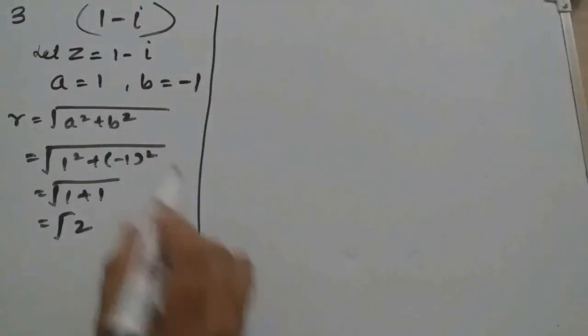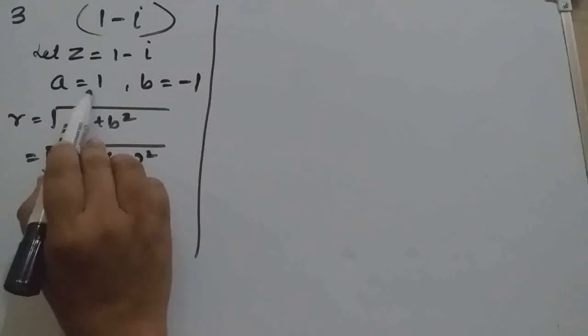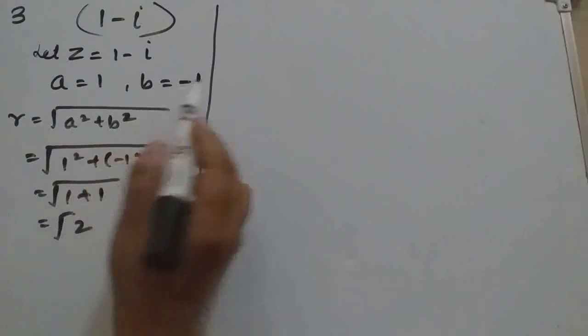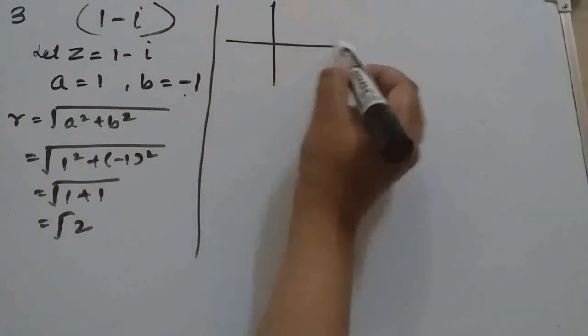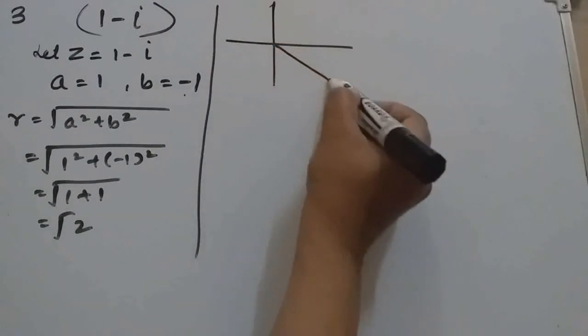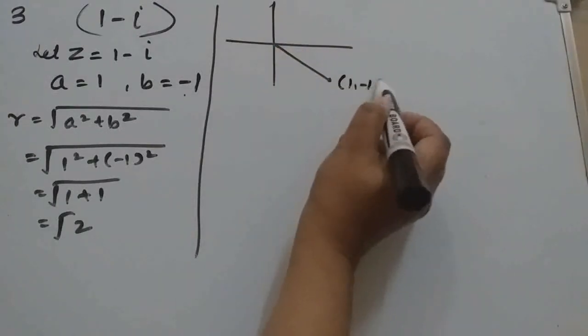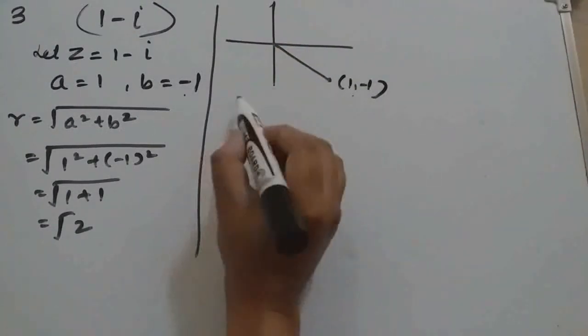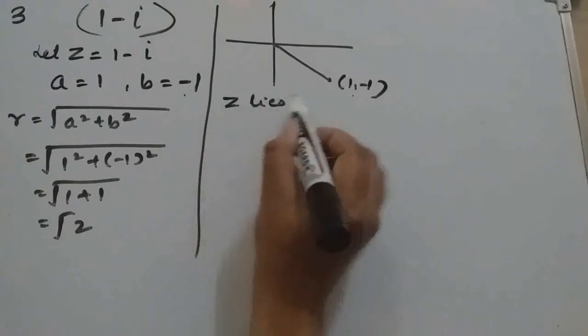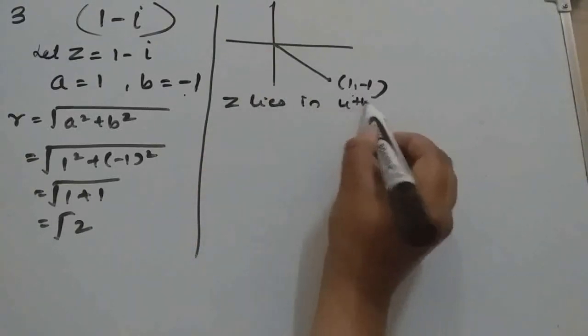Okay, now a is positive and b is negative, that means fourth quadrant, isn't it? So we can write z lies in the fourth quadrant.